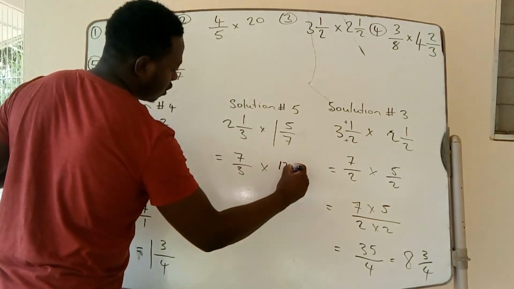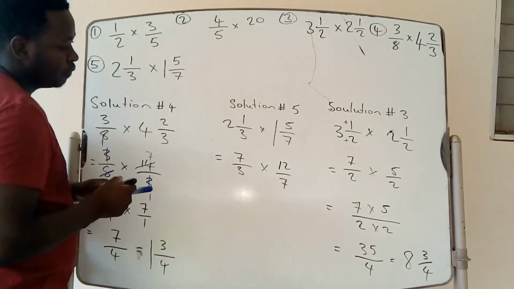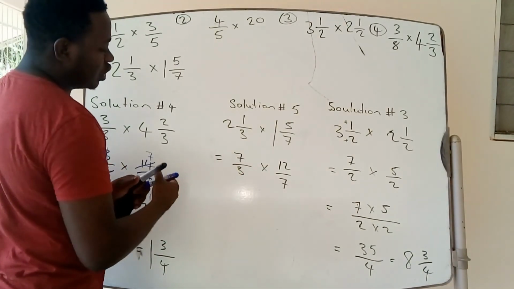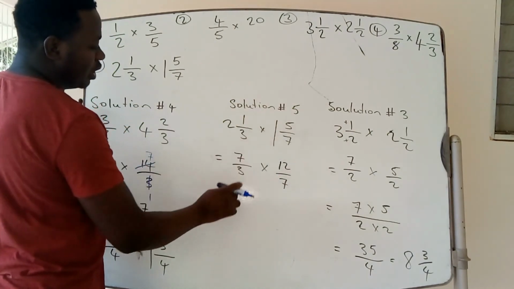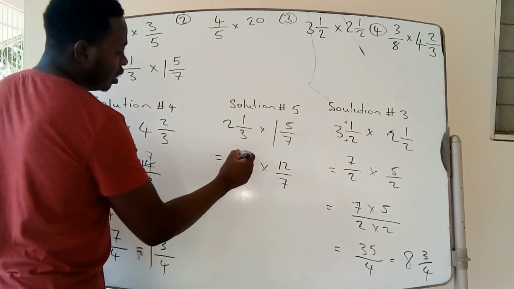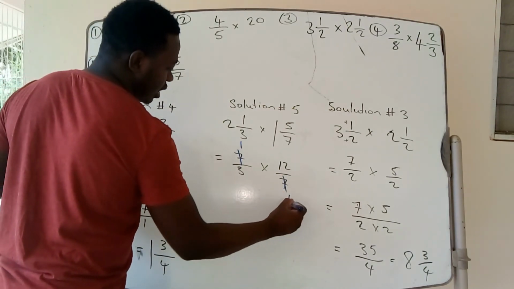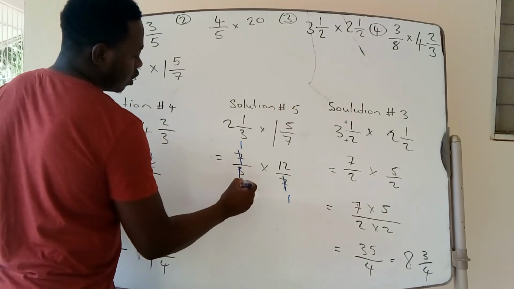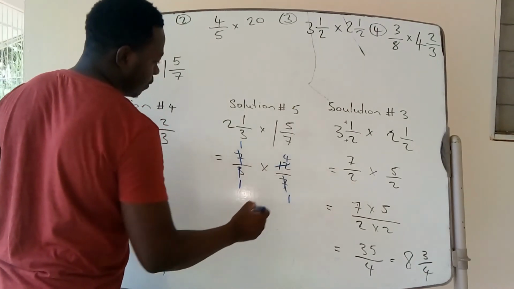Now, here, again, it would be nice to just reduce this fraction before multiplying numerator by numerator and denominator by denominator. So 7 into 7 goes 1, and 7 into this 7 goes 1 time. 3 into 3 goes 1, and 3 into 12 goes 4 times.